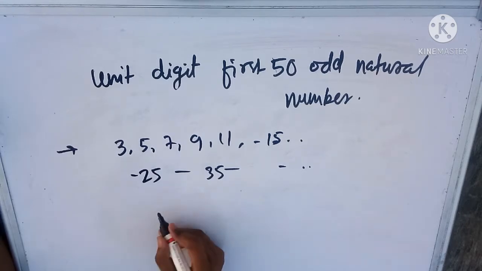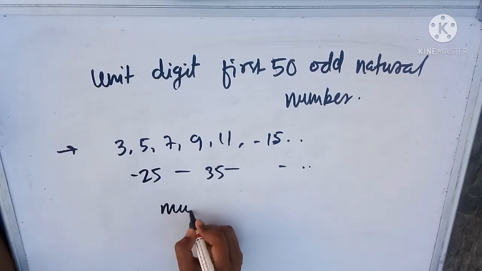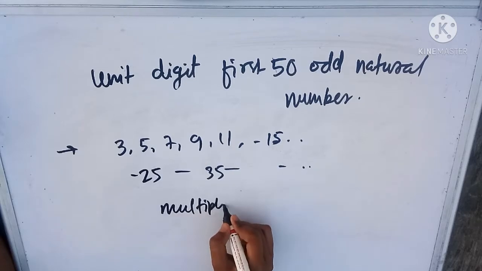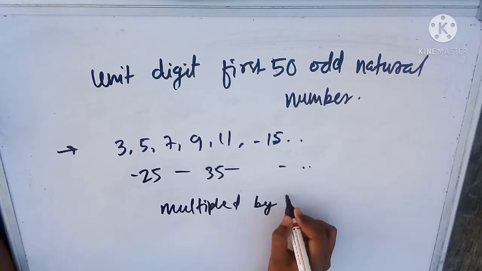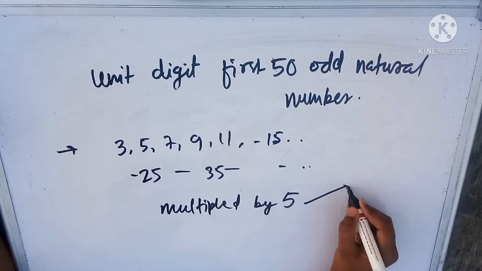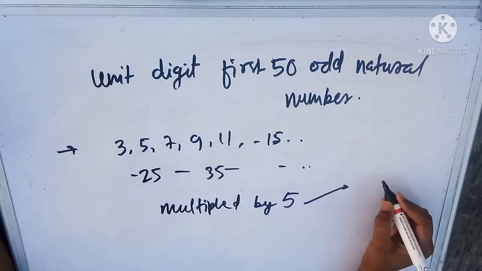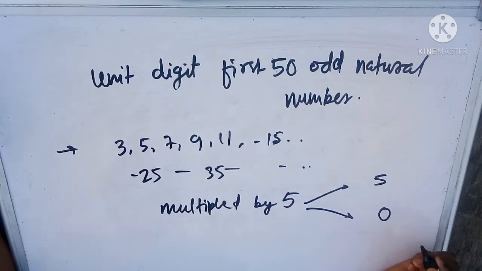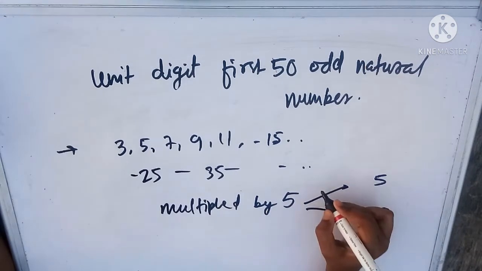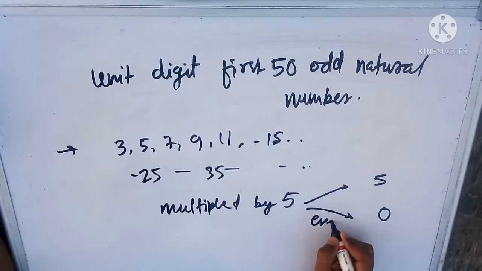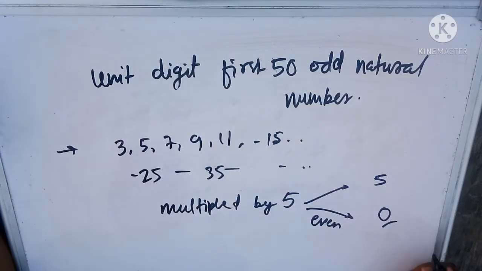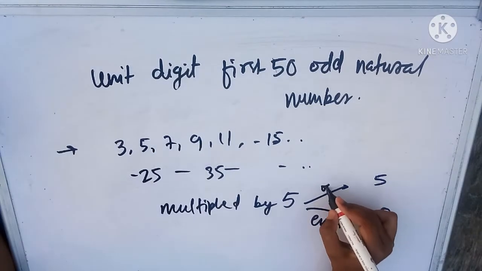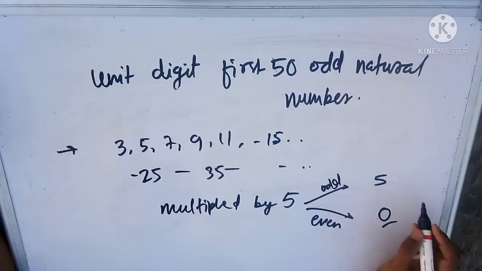We know that whenever a number is multiplied by 5, the answer will have 5 or 0 as its unit digit. If an even number is multiplied by 5, then we have 0 as its unit digit, and if an odd number is multiplied by 5, then we have 5 as its unit digit.